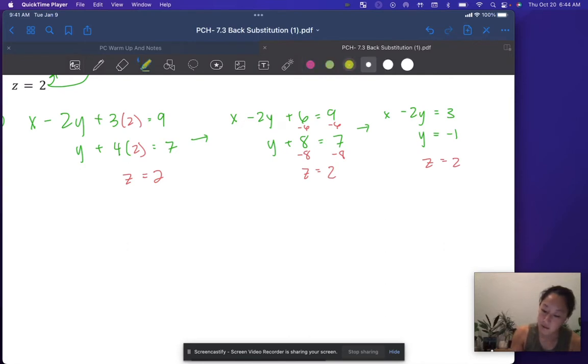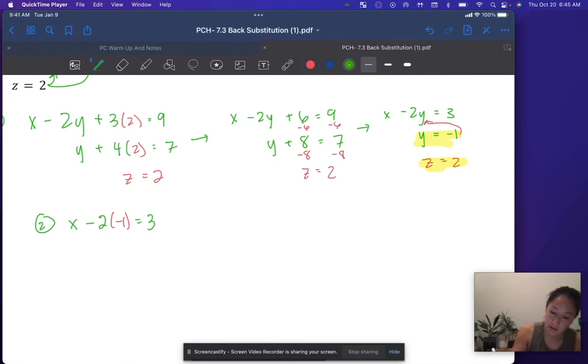So now we have 2 of our 3 variables solved. So we can go ahead and substitute y into our top equation, and then that'll isolate our x. So here we go. Second variable, x minus 2 times -1 is equal to 3.